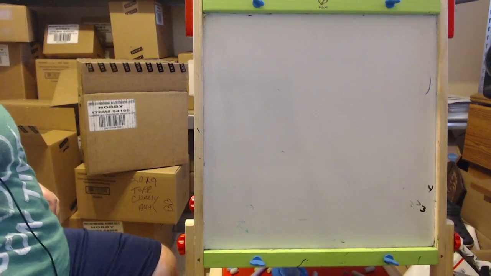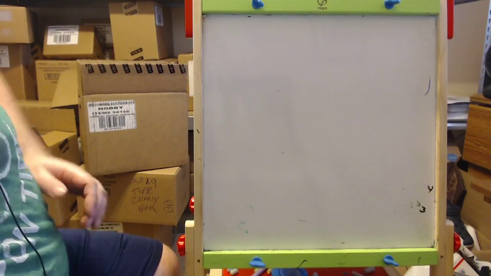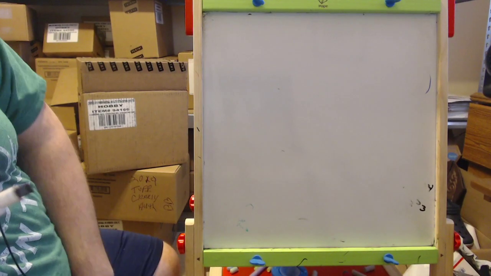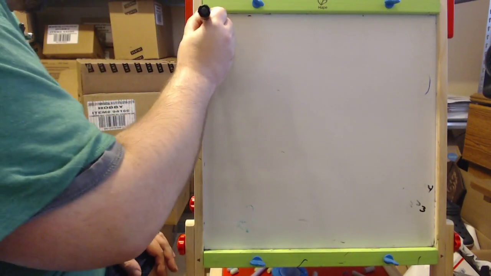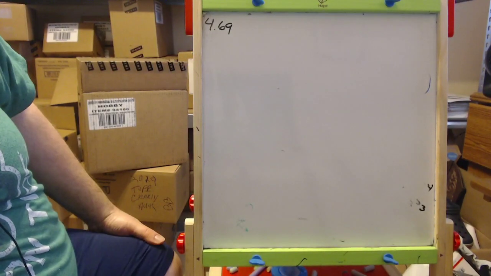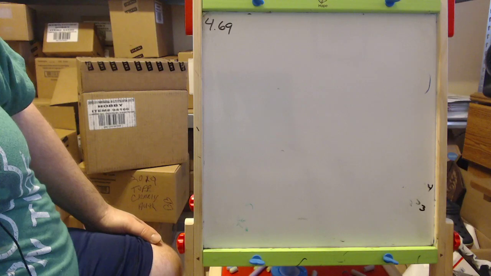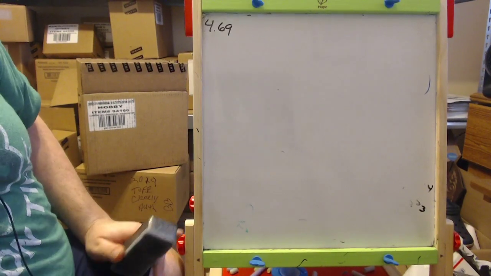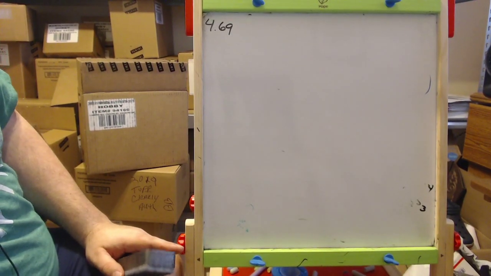What number did I say this is? I'm talking to myself here. 4.69. You know what? Let me do 4.70, Kelsey. Is your question on how to do it, or specifically that one?